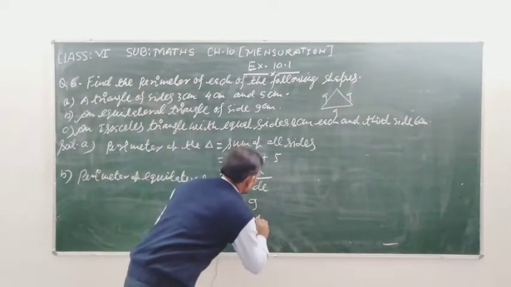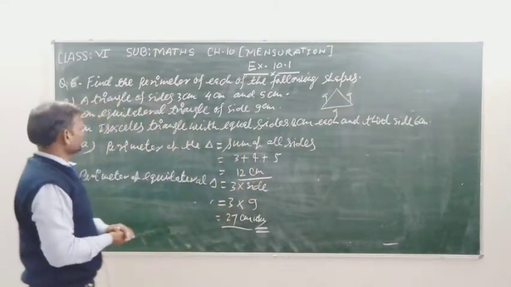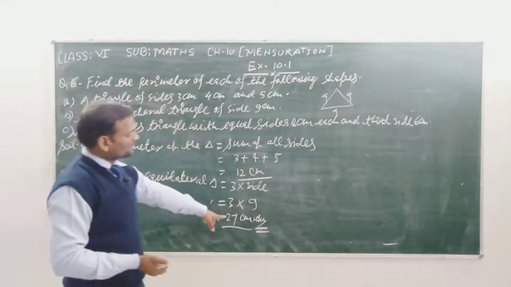This is my answer. Perimeter of the equilateral triangle is equal to 27 centimeter.